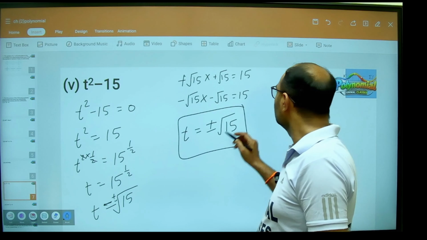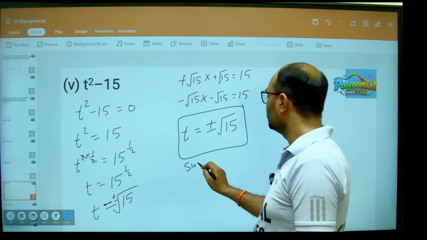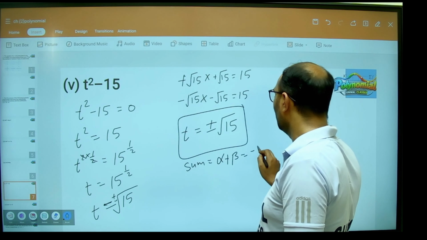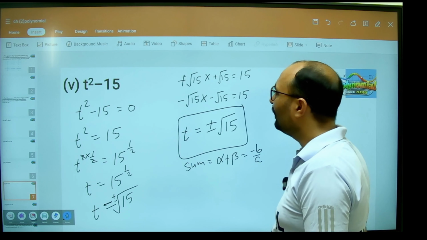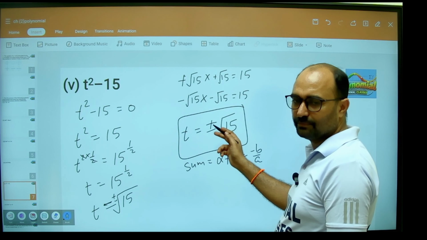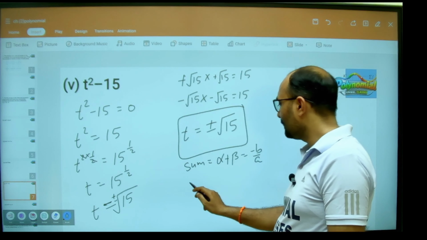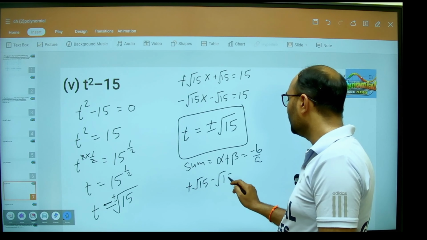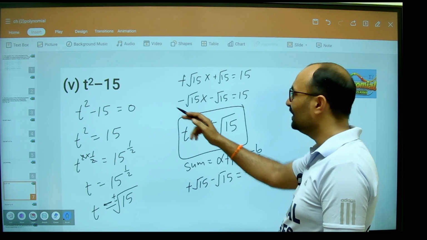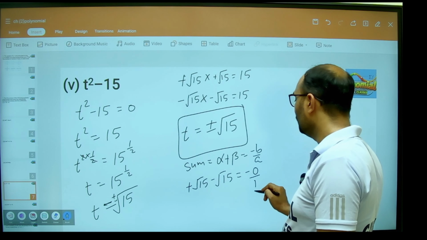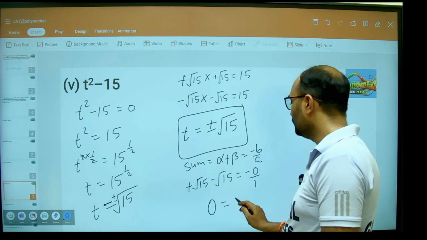Now sum. Alpha plus beta is equal to minus b upon a. Alpha plus beta, one is positive root 15, one is negative root 15. Now middle term is missing here, so 0 upon a is 1, so 0 is equal to 0.